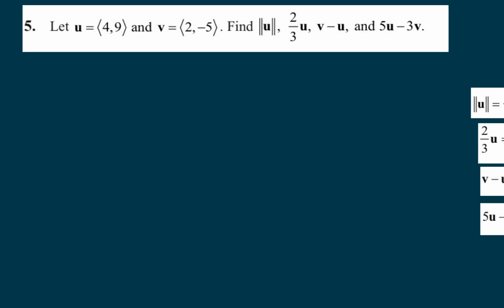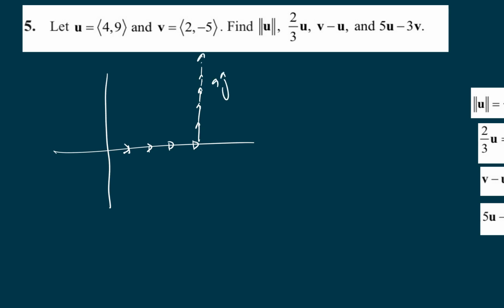So the vector u is this vector. 1i, 2i, 3i, 4i, and now 9j: 1j, 2j, 3j, 4j, 5j, up to 9j. So 9 times j plus 4 times i. Okay, this is the vector u.